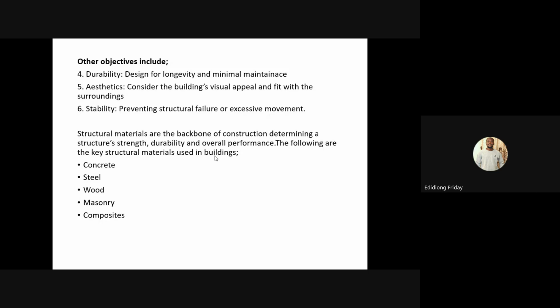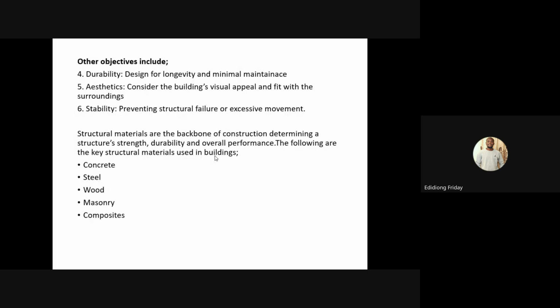What I am trying to do is paint the reason and the importance of a structural design for every building, to make sure that the building is safe for use, functional, economical, durable, stable, and aesthetic.